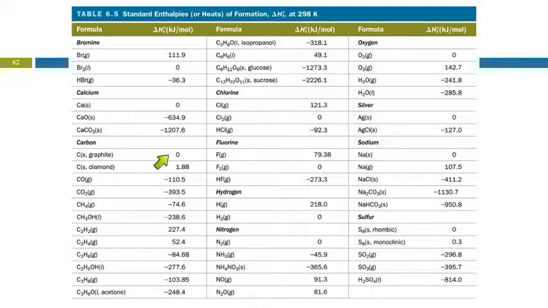It's the standard form, so that has a 0 heat of formation, and the diamond is 1.88. Notice sulfur has a couple of different forms. This one is the standard state. Any questions about that table? You do not memorize these numbers. You just go look them up when you need them.